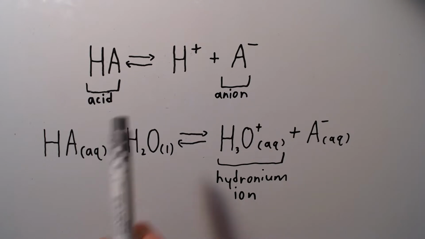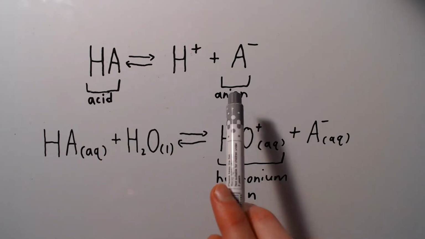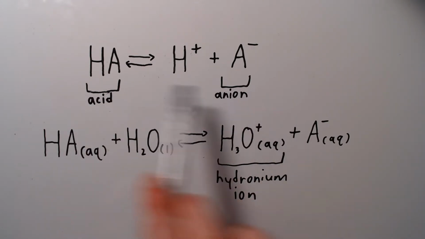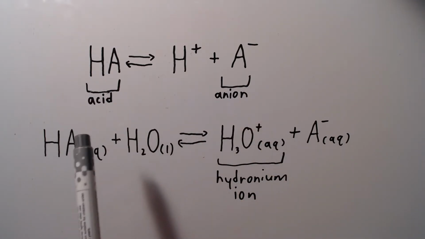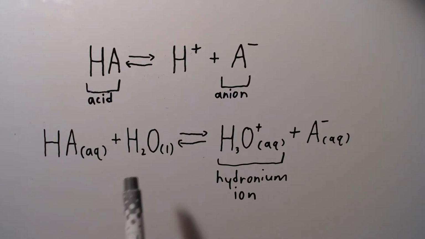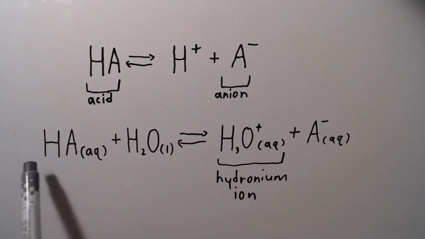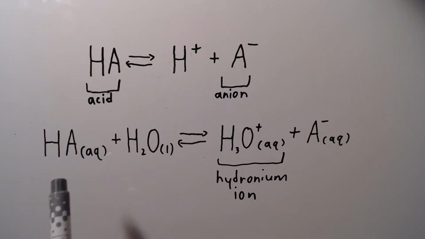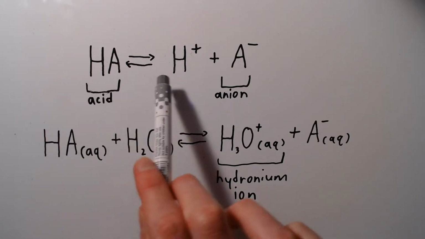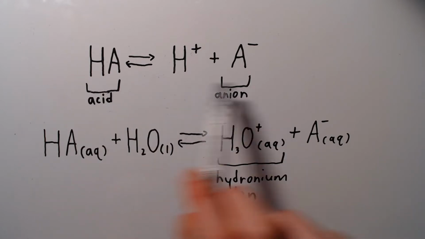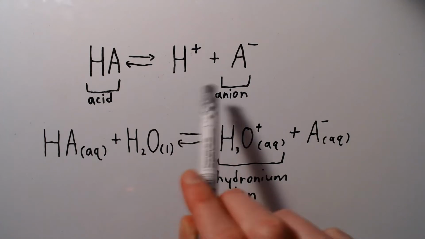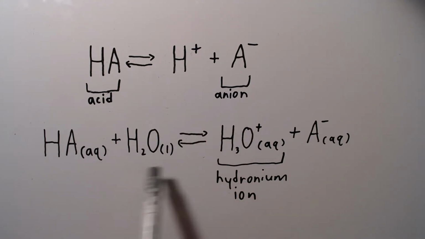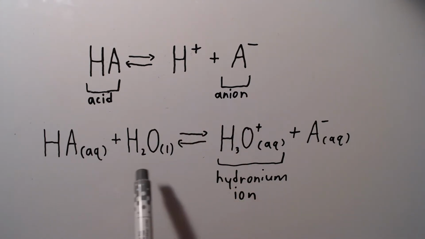However, when an acid dissolves in water, the reaction on top here is not representative of what actually happens to the acid, since in the water we have water molecules interacting with the acid. What actually happens is that when the acid dissociates into its ions, the H plus ions that came from it bind to the water molecules drawn here.